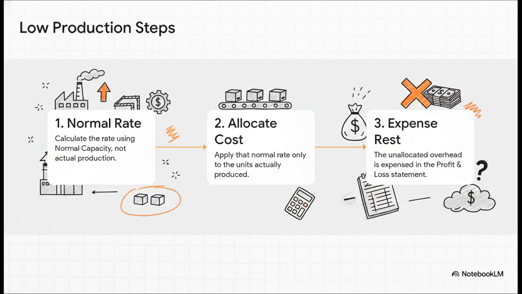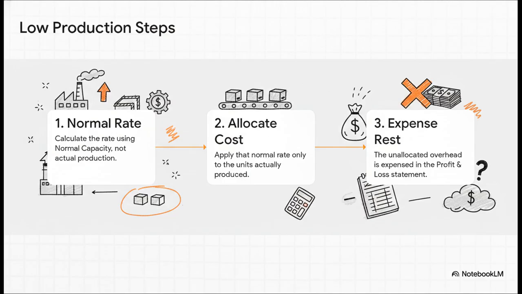So let's say our fixed overhead is 1,500 rupees and our normal capacity is 7,500 hours. That gives us a nice, stable rate. Then, step 2. We take that normal rate and apply it only to the hours we actually worked. Let's say 6,500 hours. That allocates 1,300 rupees to the products.